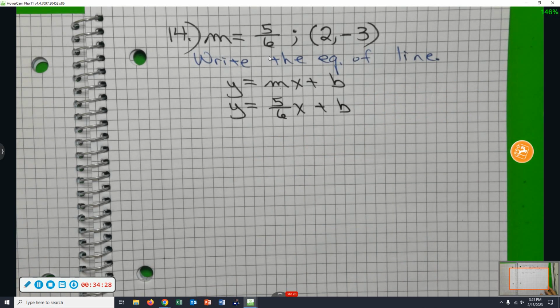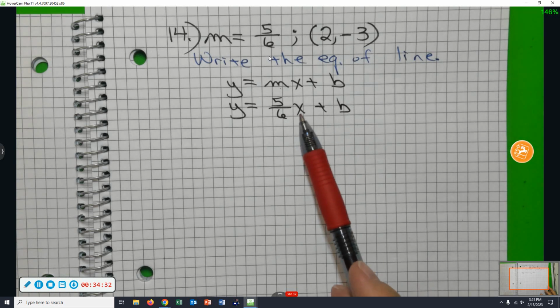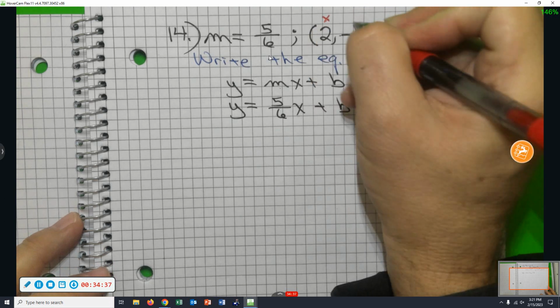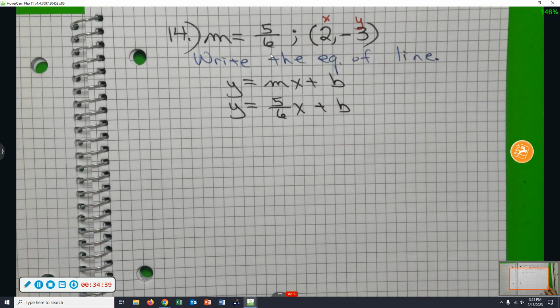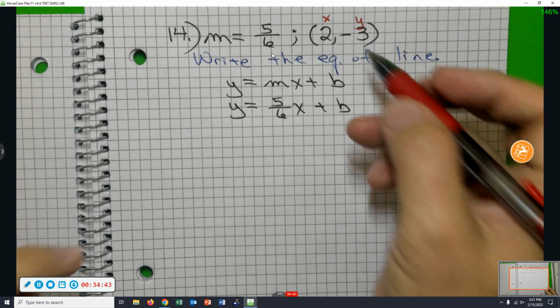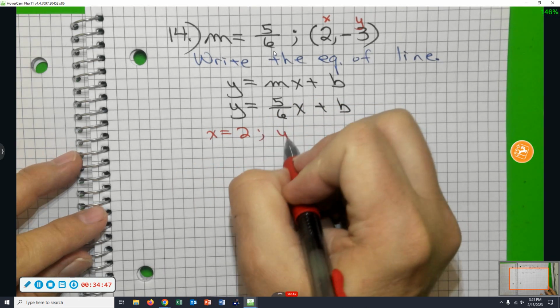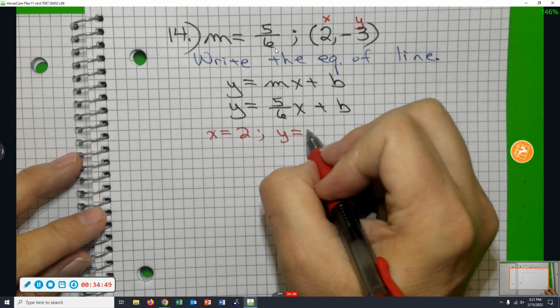Did they give us b? No, they didn't give us b, but they did give us an x and a y value. So let's substitute in. We'll replace the x with 2, and the y with negative 3.